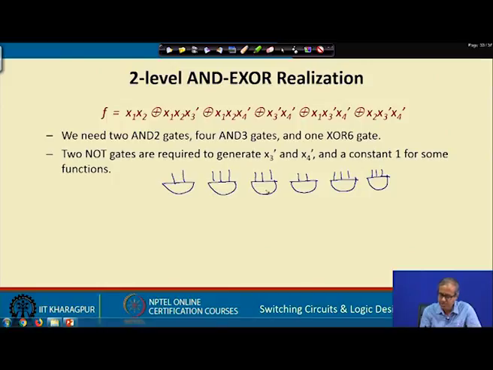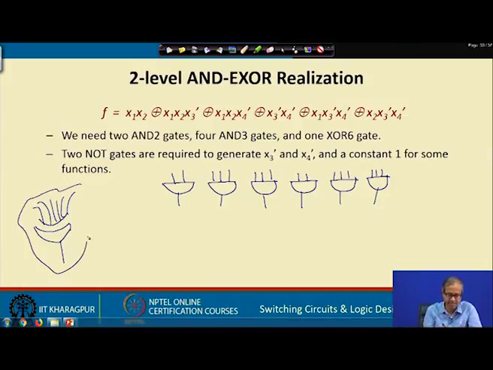See, there are 1, 2, 3, 4, 5, 6. So, one way is to have a large XOR gate with 6 inputs and connect the output of these AND gates to them directly. But as I said, a large XOR gate can be difficult to manufacture. Just another thing is that for the input stages you may need some complementing.